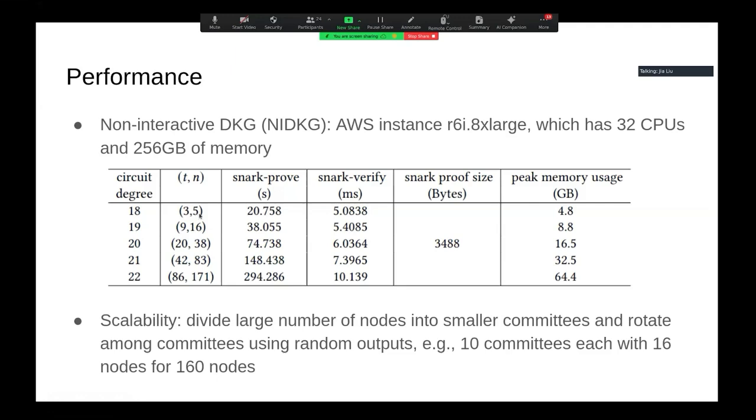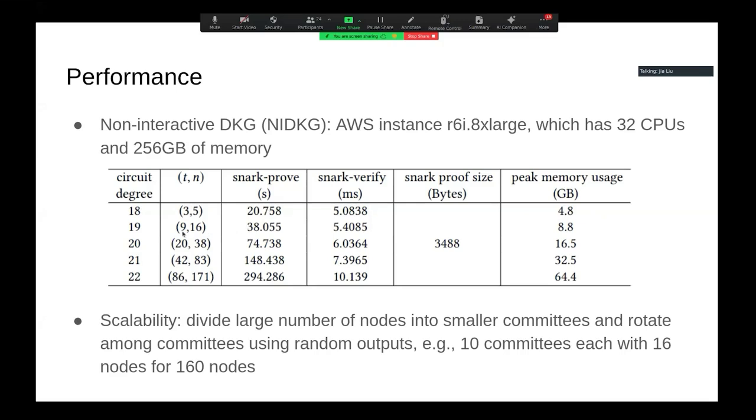When n equals 5, the SNARK proving time is 20 seconds. The verification time is 5 milliseconds. The proof size is constant. The peak memory is the maximum memory usage during the proof generation, and this is less than 5 gigabytes when n equals 5.